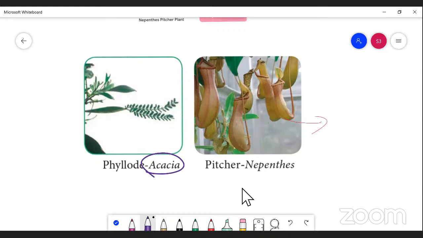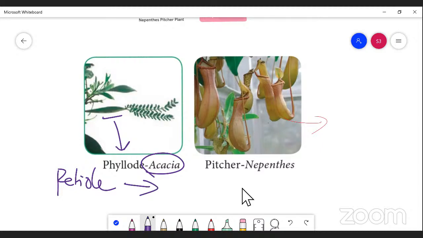Actually acacia has a number of leaves. Now this portion I am talking about is called a phyllode. The petiole becomes a flattened green portion that also performs photosynthesis.